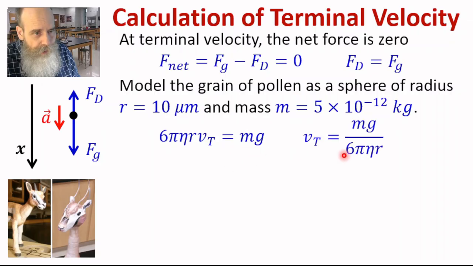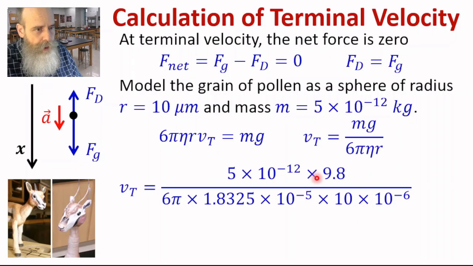Let's solve this for Vt. Vt equals mg over 6 pi eta r. Let's put in our numbers. Mass is 5 times 10 to the negative 12. g is 9.8. 6 pi, 1.8325 times 10 to the negative 5. That is the viscosity of air. And then the radius of the grain of pollen is 10 times 10 to the negative 6.